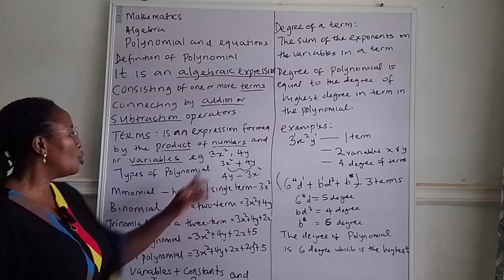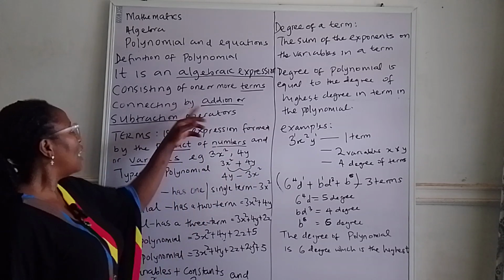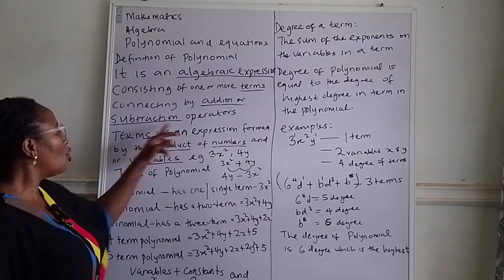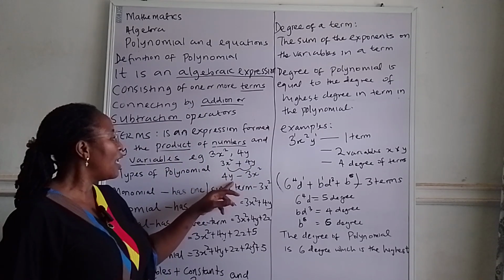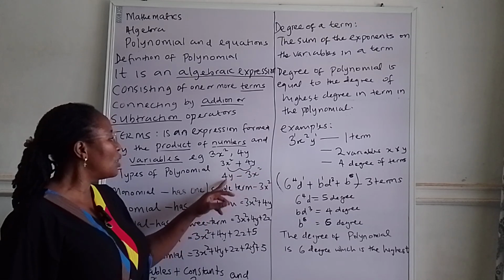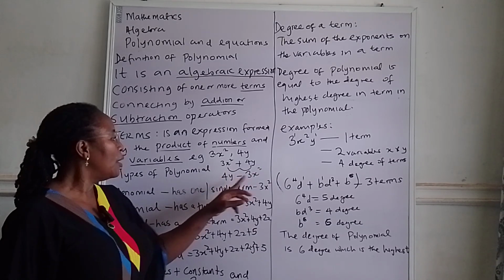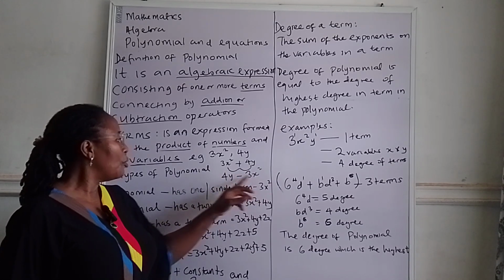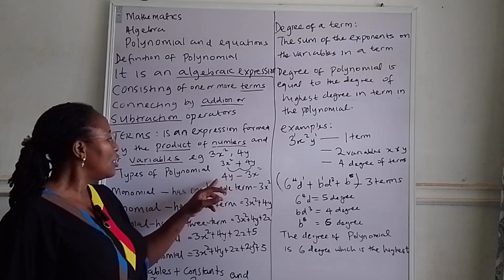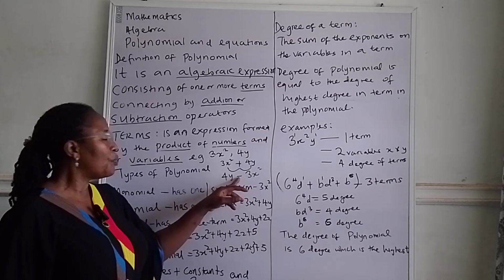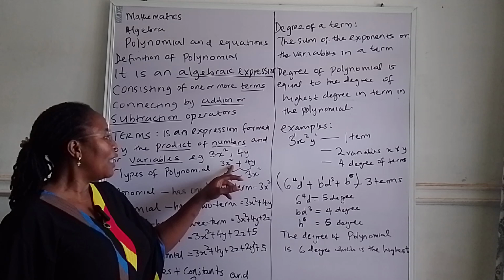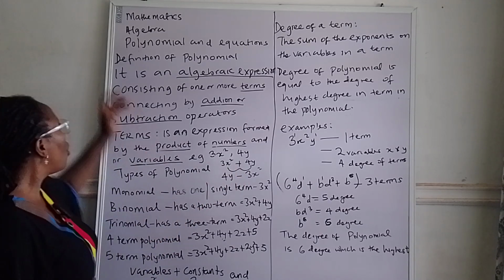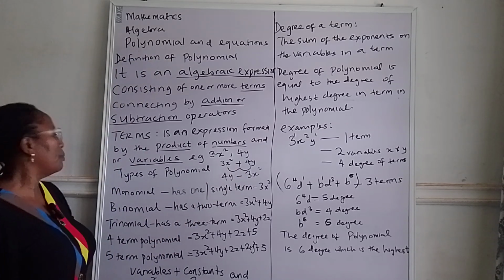When we combine them by addition or subtraction operator, in this case, we have 4y minus 3x squared. We have two terms here. 4y is a term, 3x squared is a term. When we connect the two terms together by subtraction or addition operator, it becomes a polynomial.